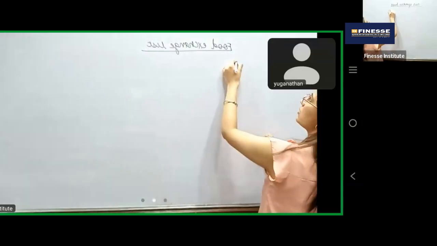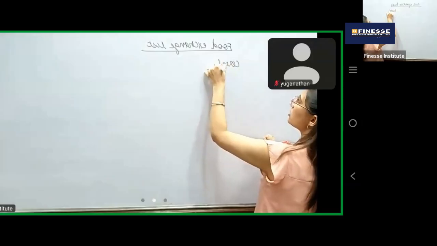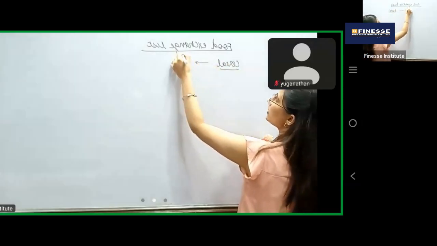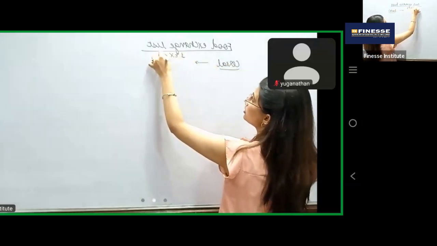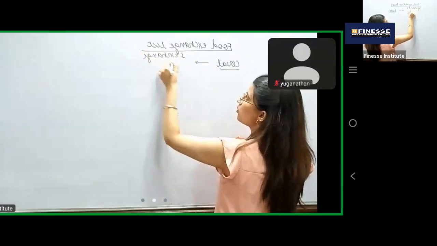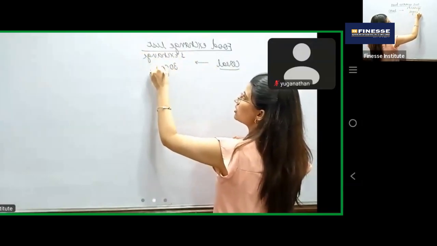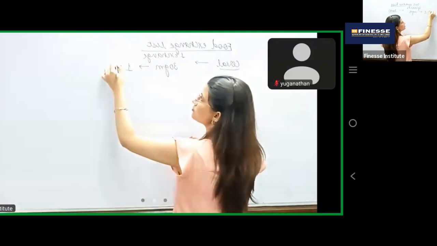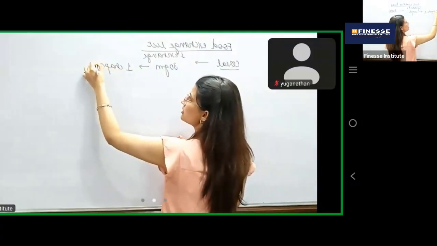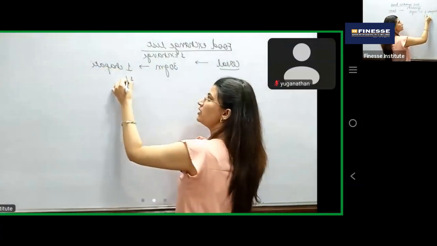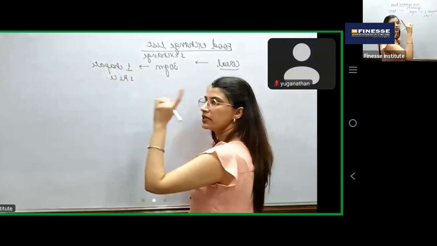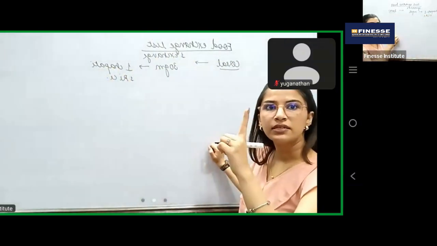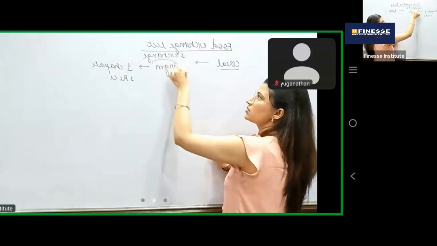See, when you look at the exchange list, one exchange of cereal is 30 grams. It means one chapati is 30 grams. Or you can say one exchange of rice is 30 grams. One serving of cereal is 30 grams.